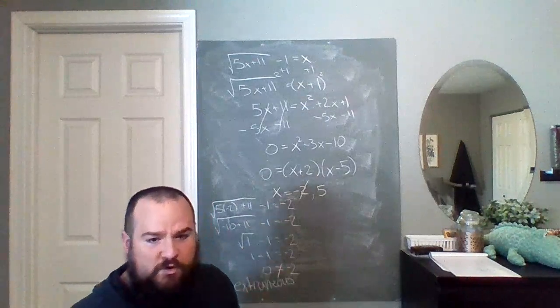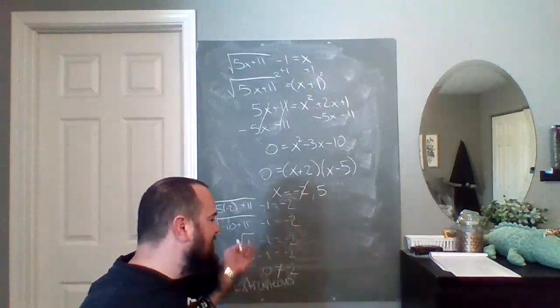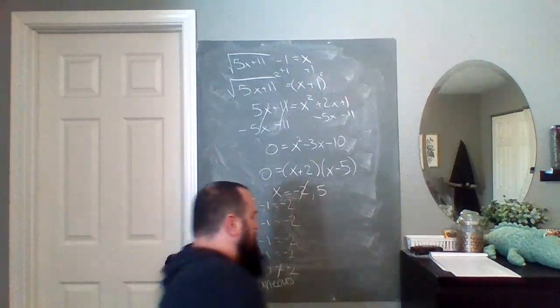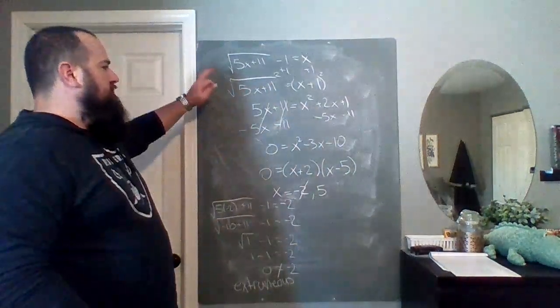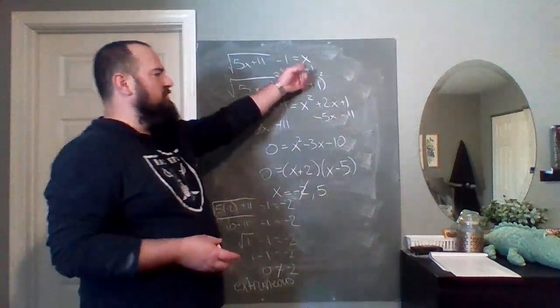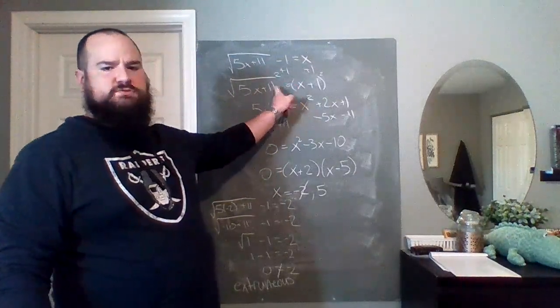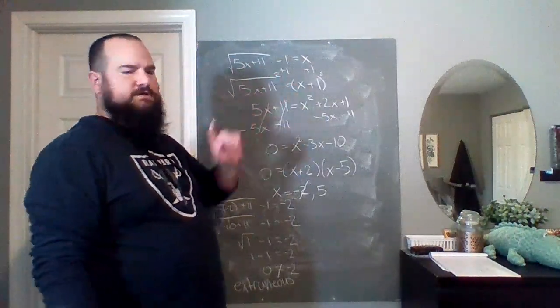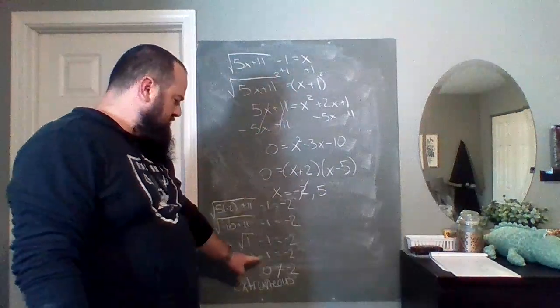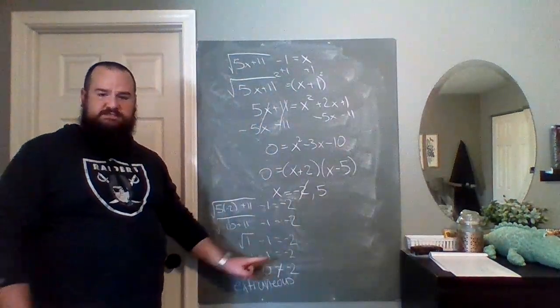Now, what in the world happened? How did we get that? If we look at our solution process, I added 1, that's fine. Ooh, I squared here. If we do the adding 1 piece, right?